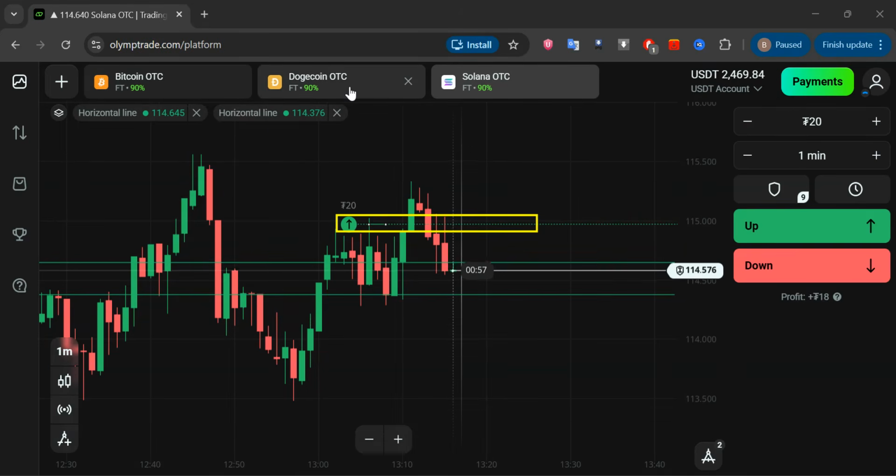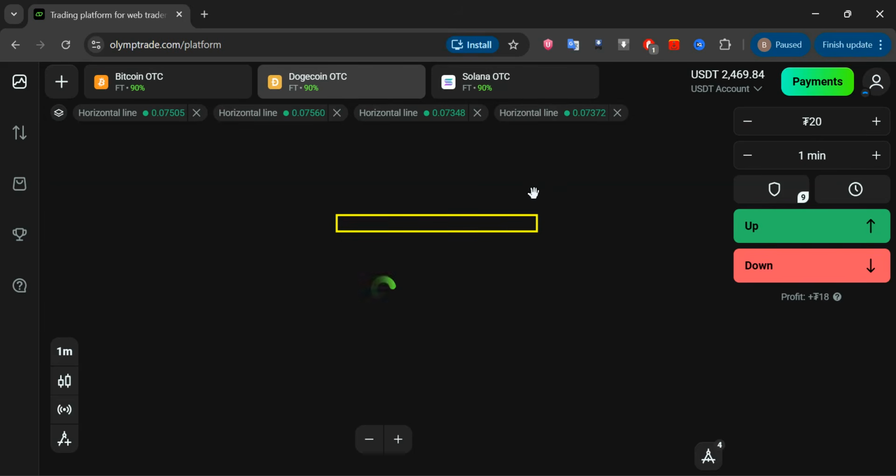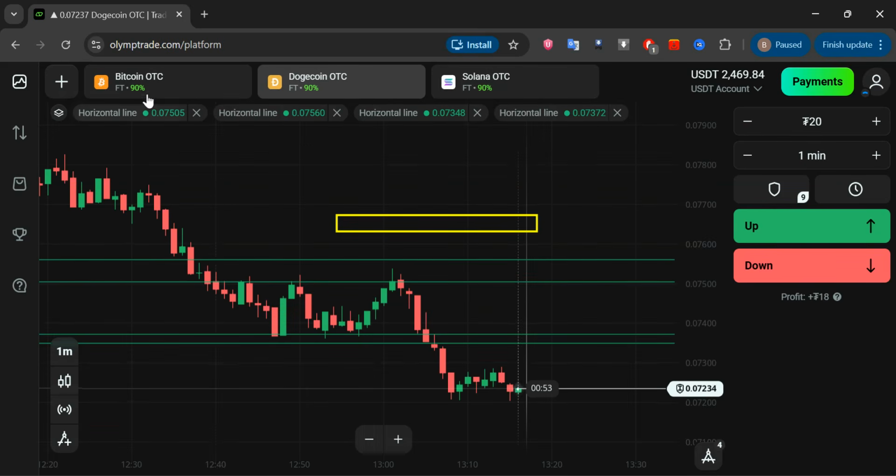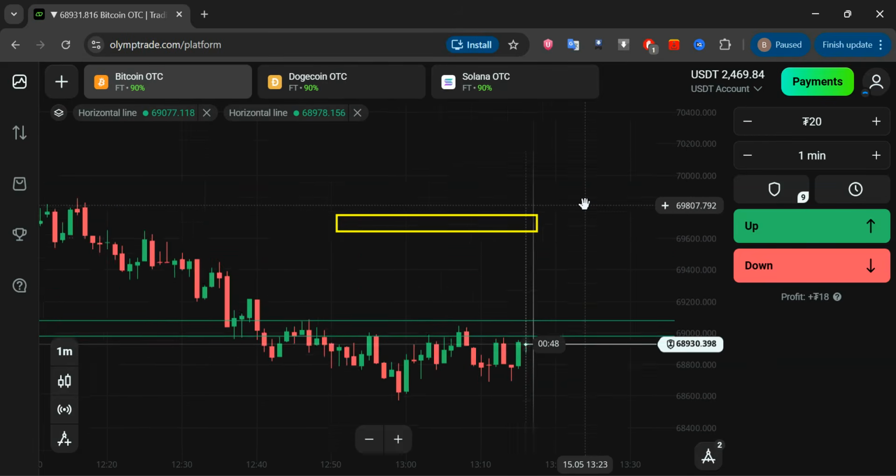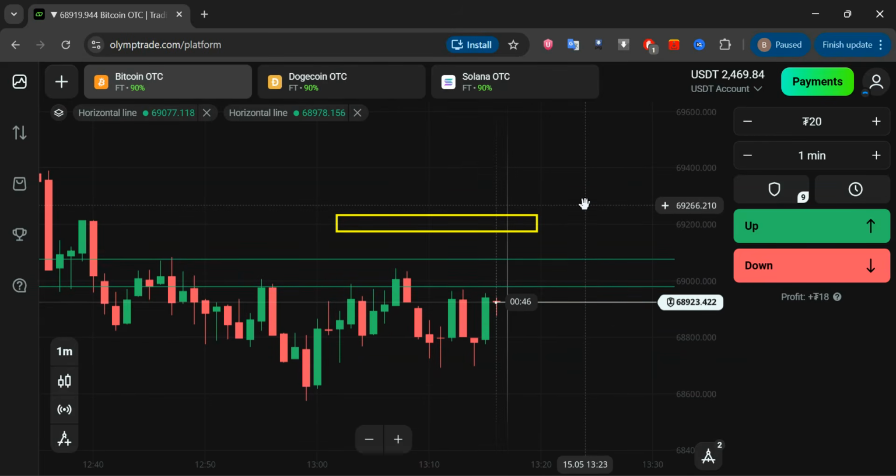Let's look for another pair if you can get an opportunity. Not really. So I'll stop trading from here.